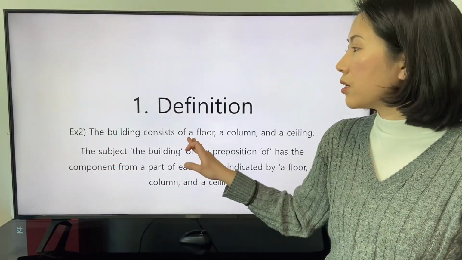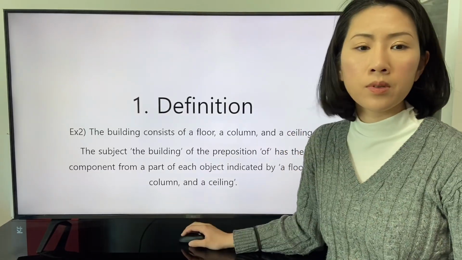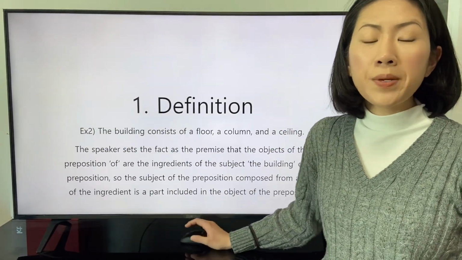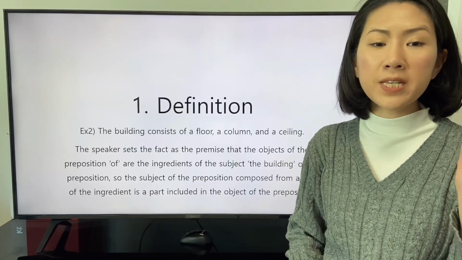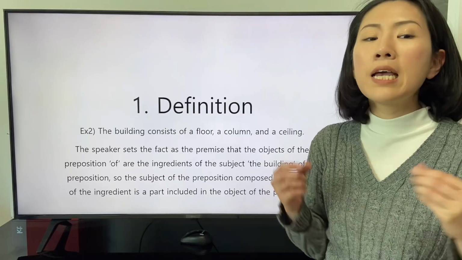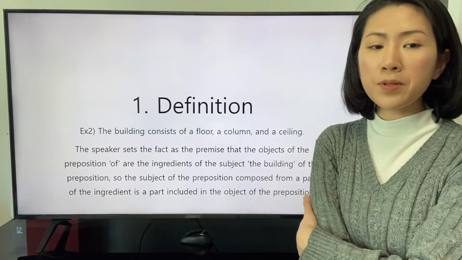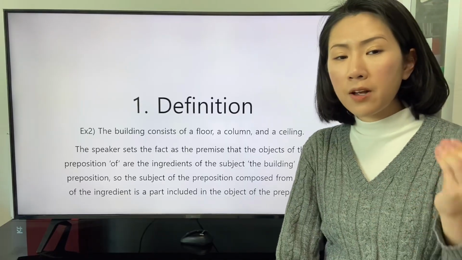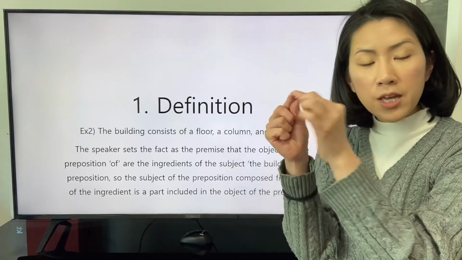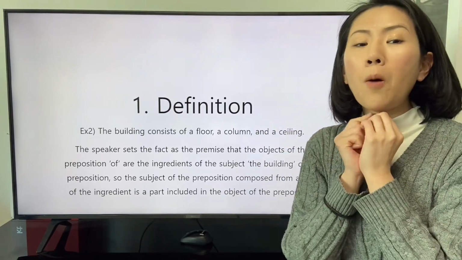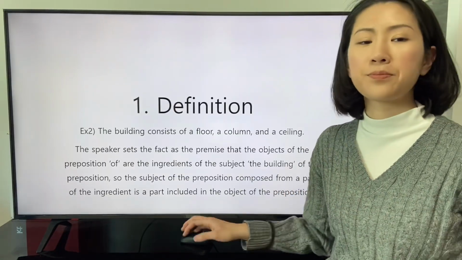with three parts. The speaker sets the fact as the premise that the object of the preposition of is the ingredient of the subject, the building of the preposition. So the subject of the preposition composed from a part of the ingredient is a part included in the object of the preposition.